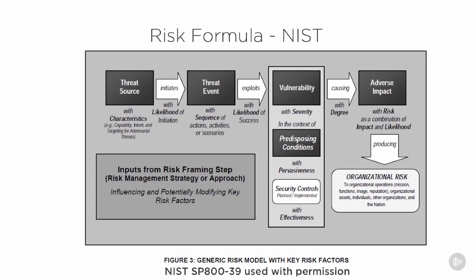In some cases, there may be threat events. However, they would not be successful because the organization has appropriate controls to mitigate that threat. Where there has been a deficiency or a weakness, we are going to see some degree of adverse impact.